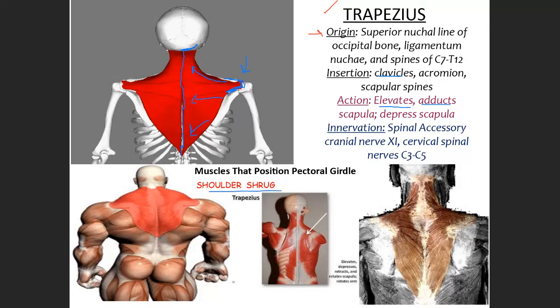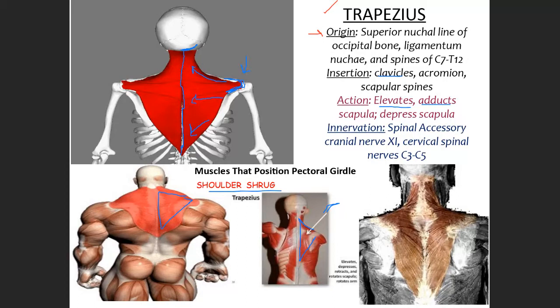We could identify the trapezius muscle on the models, which you will for your practical. You can see it here. And a simple test to test the strength of the trapezius muscle is you're going to do a shoulder shrug and you're going to press down.